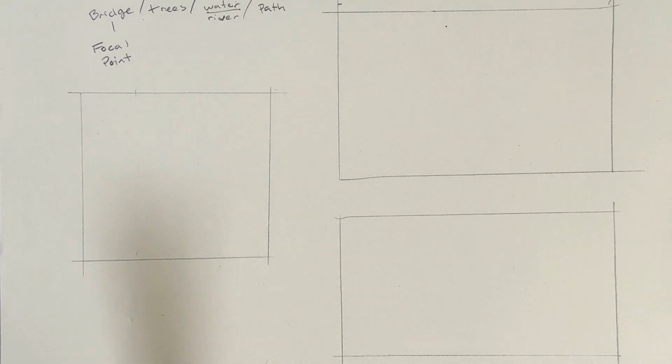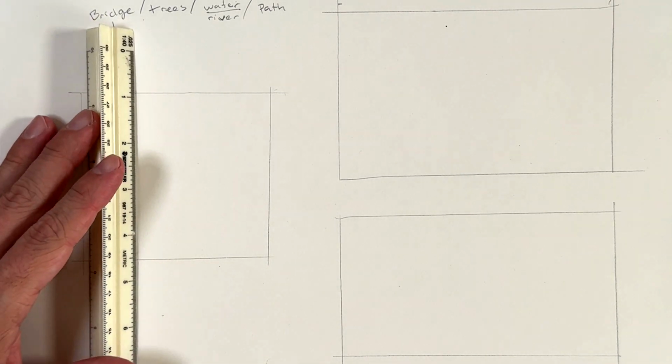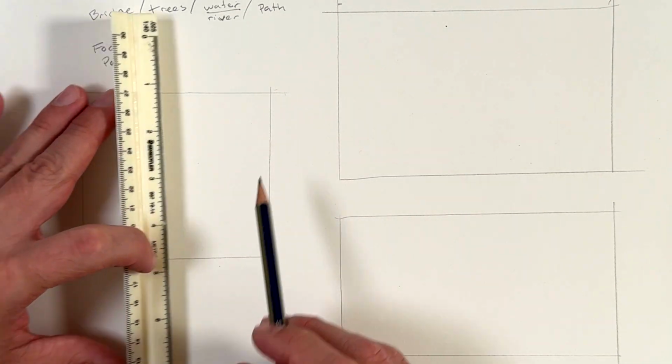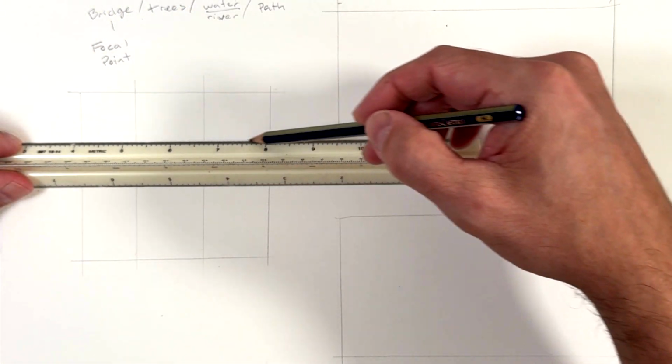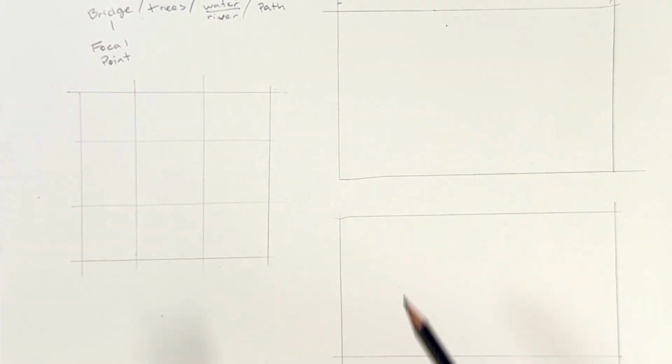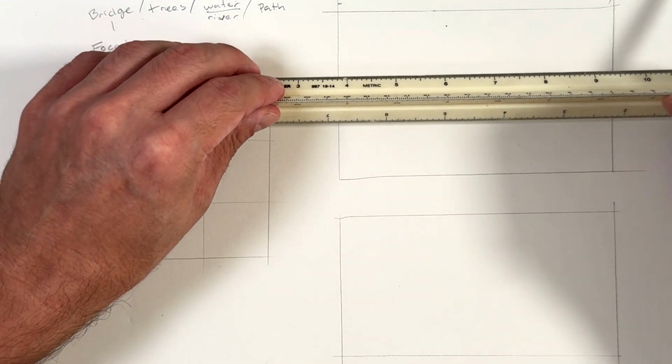So we will use the rule of thirds to divide up our image here. It's not 100% even, but we get the idea.